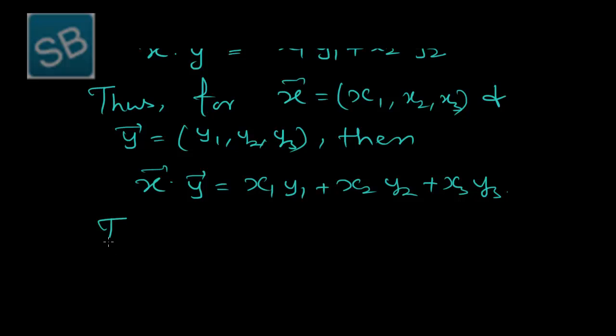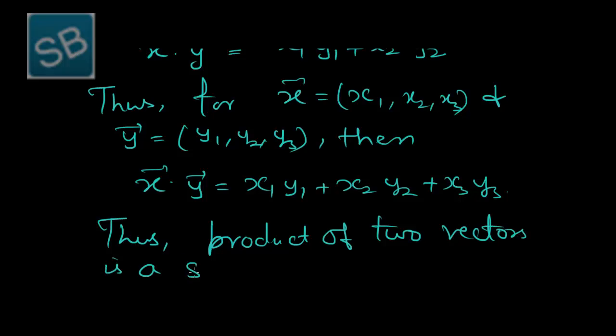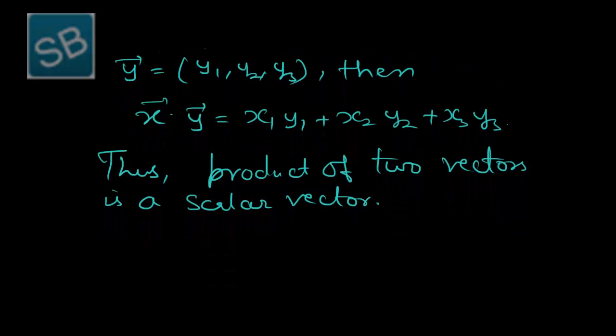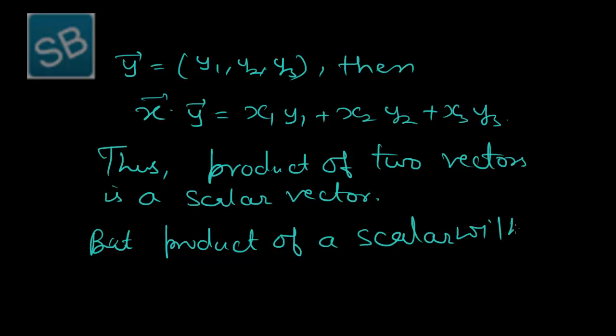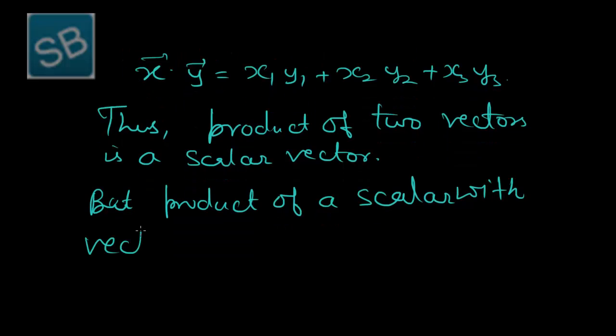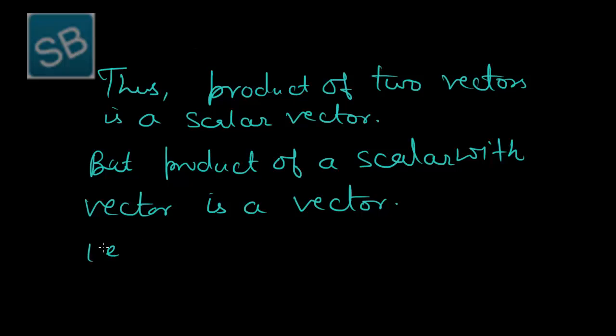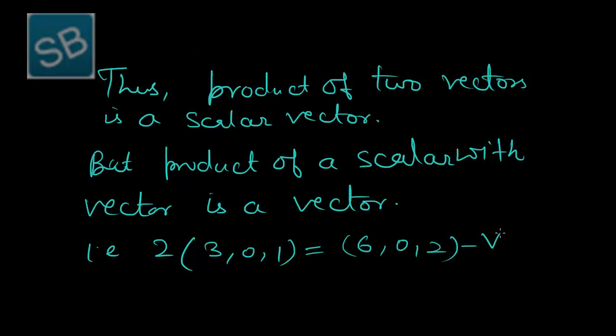So thus, the product of two vectors is a scalar, but the product of a scalar with a vector is a vector, that is, 2 times the vector 301 is 602, again a vector.